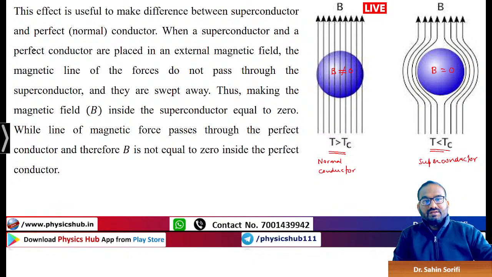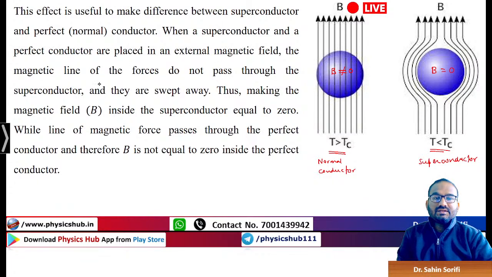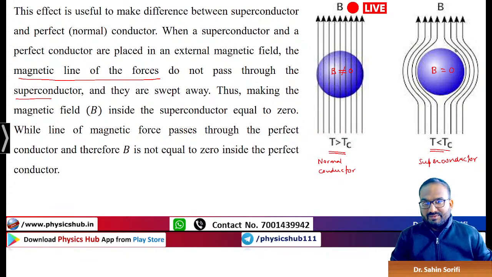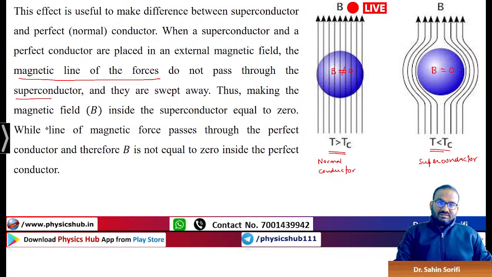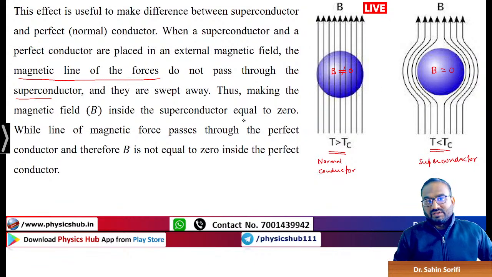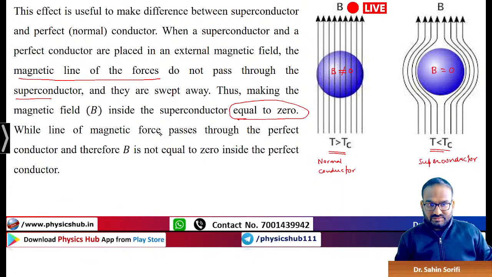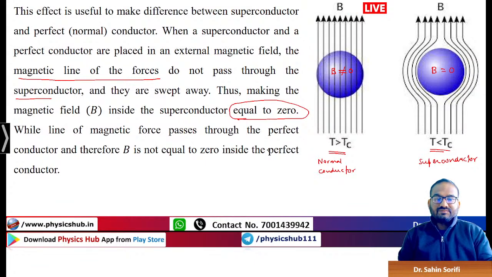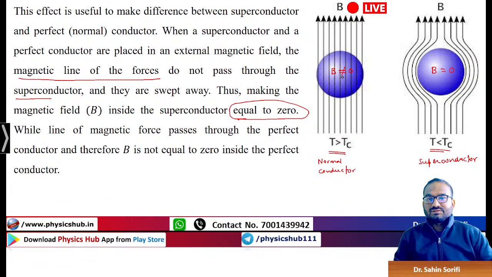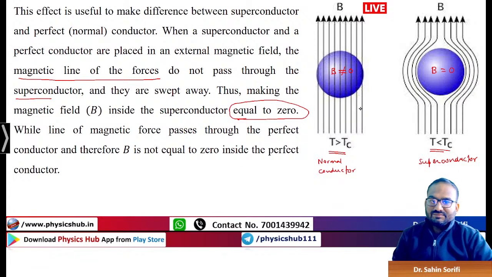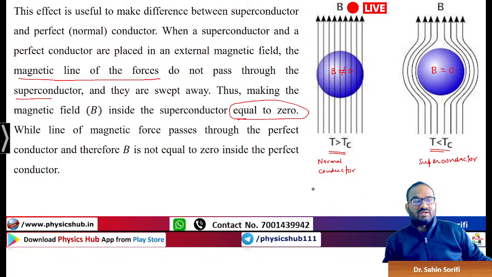When a superconductor and a perfect conductor are placed in an external magnetic field, the magnetic lines of force do not pass through the superconductor. As you can see in this figure, they are repelled away, thus making the magnetic field B inside the superconductor equal to 0. While lines of magnetic force pass through the perfect conductor, and therefore B is not 0 inside the perfect or normal conductor.